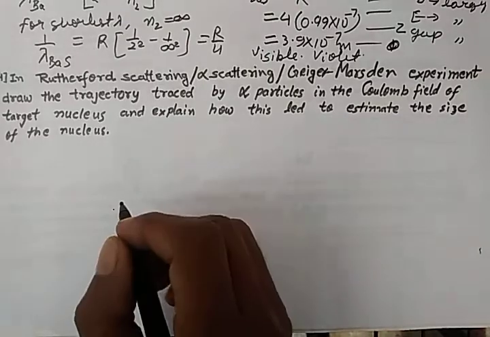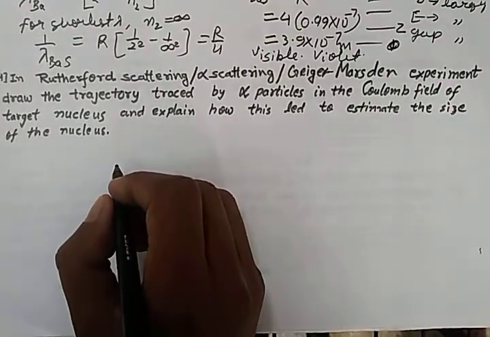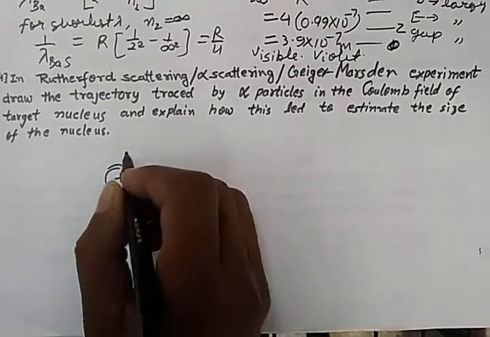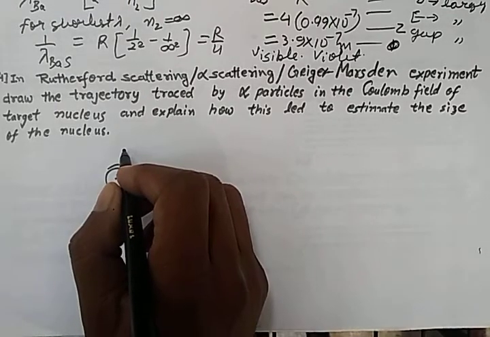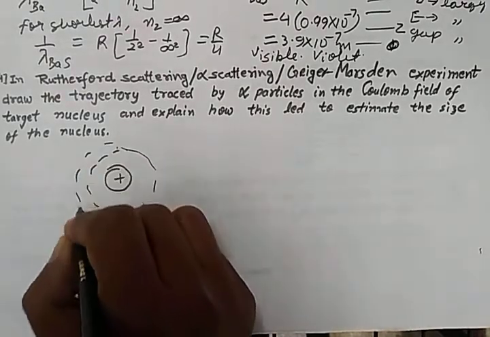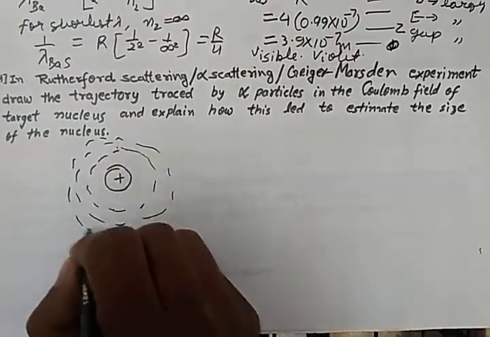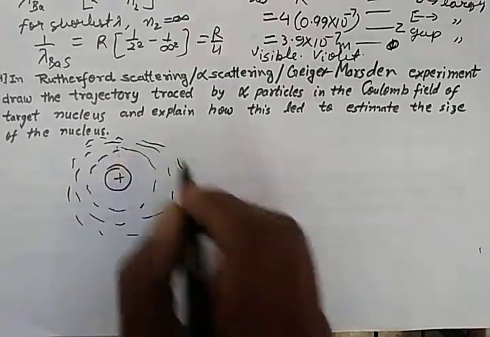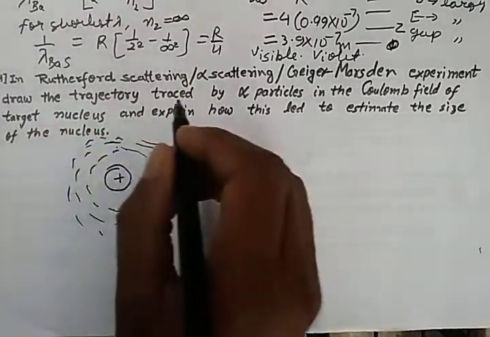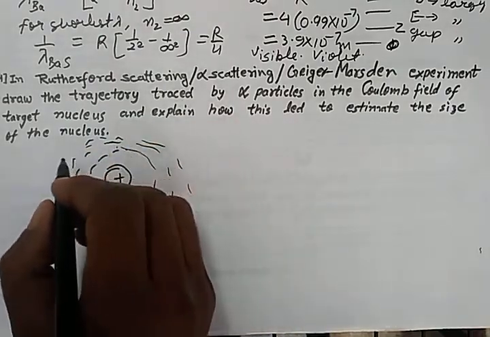So in this question, what you can do, just draw the energy levels, actually electron orbits actually. So the trajectory traced by alpha particle.